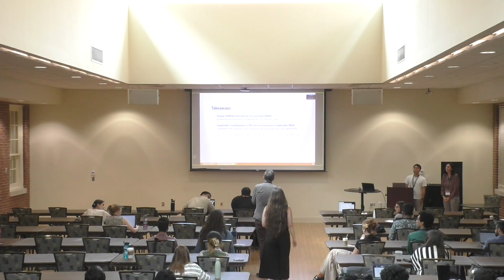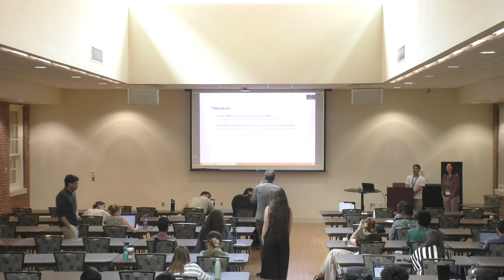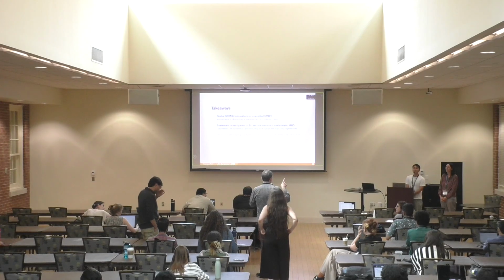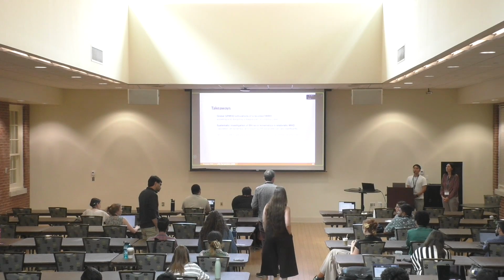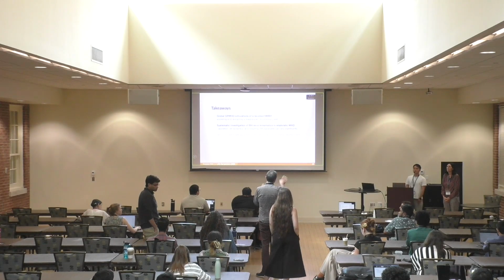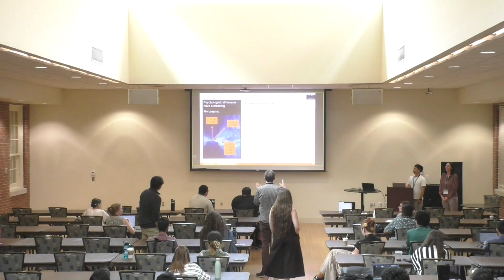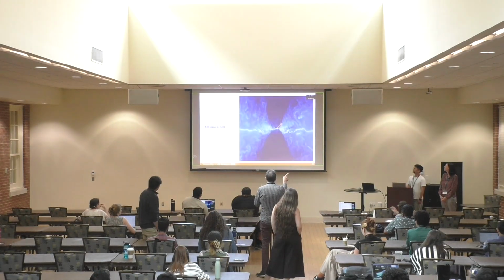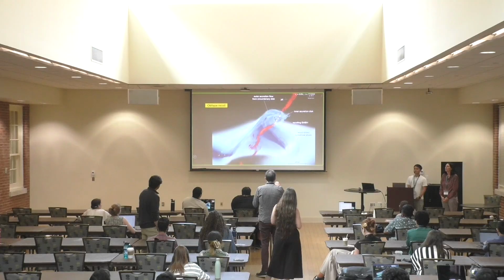Yeah, awesome talk. The question about the jet orientation with respect to the disk: it might have been a visualization thing, but the jet seemed to be pointed more aligned with the disk than away.